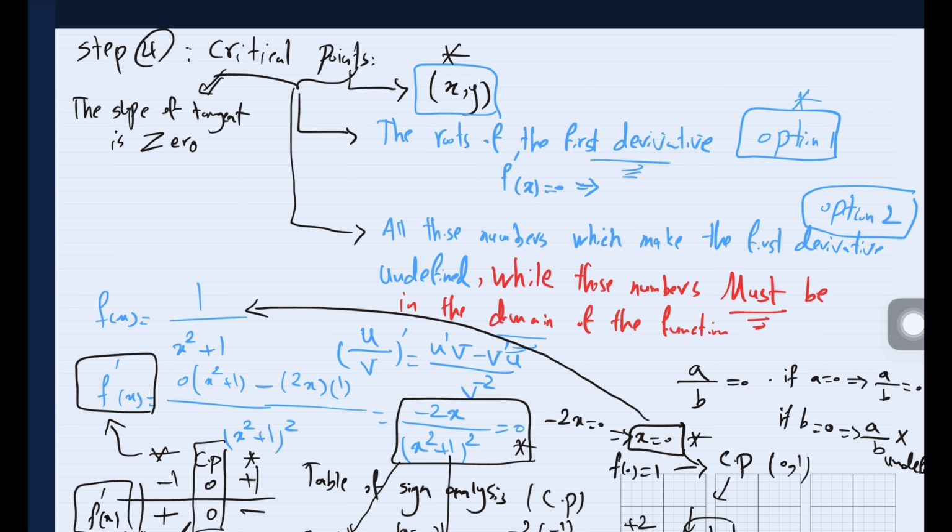It means after the critical point, which is 0 and 1, the slope of the tangent after the critical point is going to be negative. So this is all about critical points.